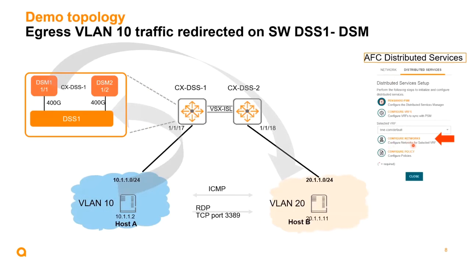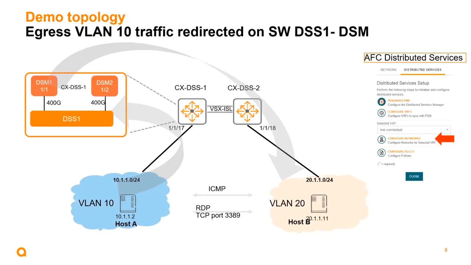That configuration of a network will take the form of a VLAN, in this case VLAN 10, and just by configuring that part of the user interface in AFC, that will redirect all traffic on VLAN 10 across both switches to the DSSs. But we've only got outbound traffic from VLAN 10 and host A. So it's key to note that the policy is VLAN based, and it will apply across the CX pair.